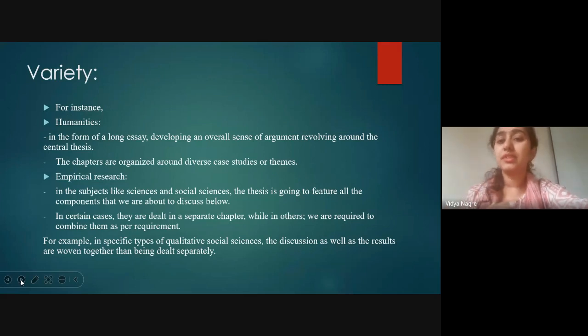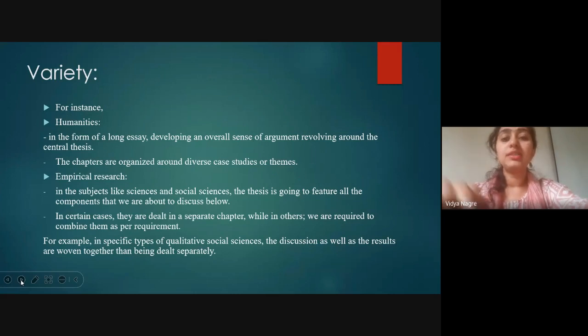Whereas in empirical study, the data for which especially happens in sciences or social sciences or historical studies and so on, the thesis is going to feature all the academic components that we are about to discuss below. I mean, we are going to discuss some things further in the next slide also.